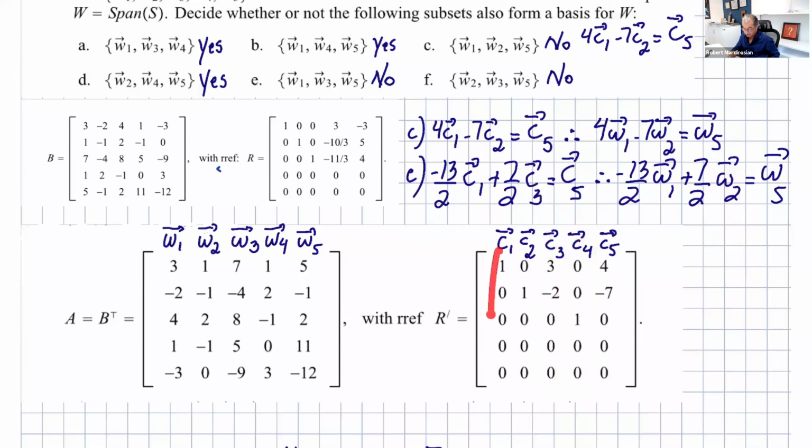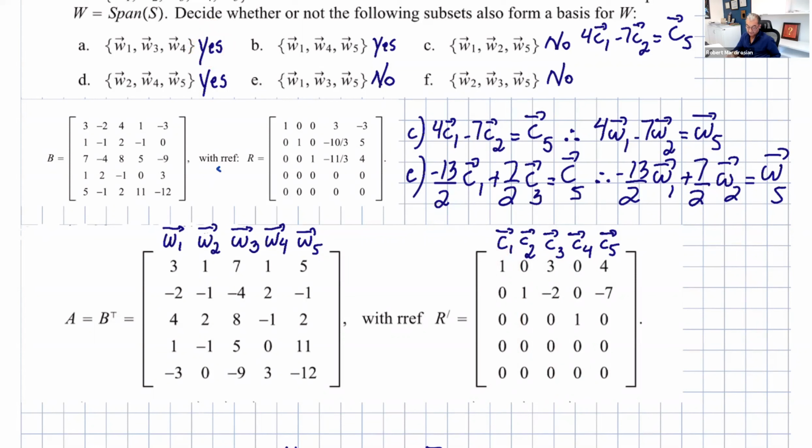Although this is not a pivot, it's very easy to check in the RREF. Since you can't write it as a linear combination of the other two, they're linearly independent. If they are linearly independent, then they can form a basis. So the answer is yes for A.